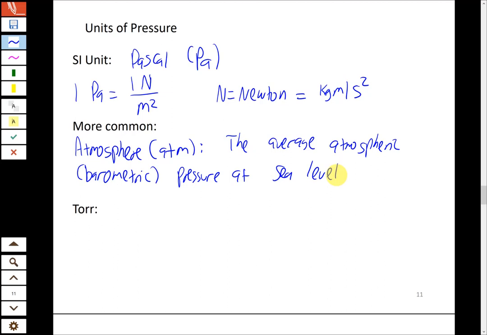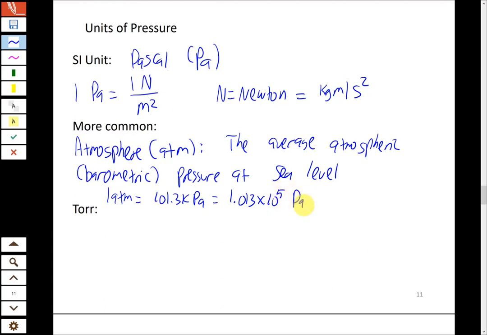And in terms of how that relates to SI units, and again, the reason we use atmospheres more than pascals is that 1 atmosphere is 101.3 kilopascals. So there's a lot of pascals in 1 atmosphere, which is 1.013 times 10 to the 5th.